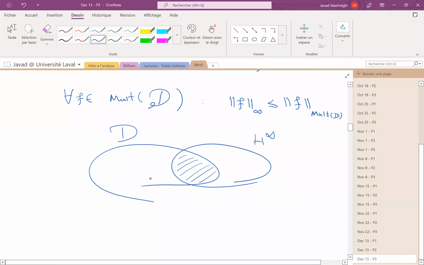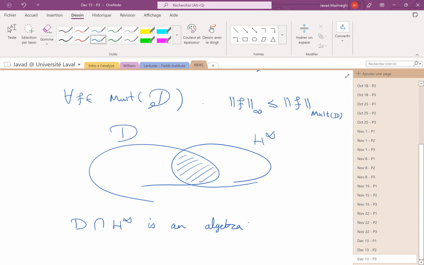And this intersection by itself is an algebra. I mean, D intersection H infinity is an algebra. This is very easy to show. And we naturally wonder, is it the multiplier algebra? I want to show that this is not the case. Indeed, the multiplier algebra is inside, but smaller.